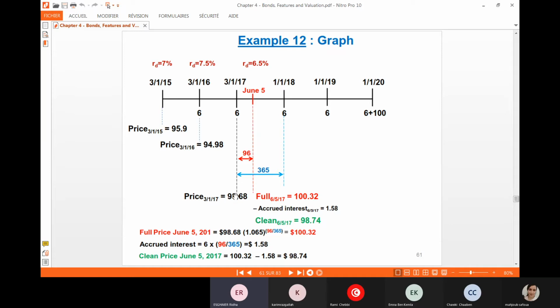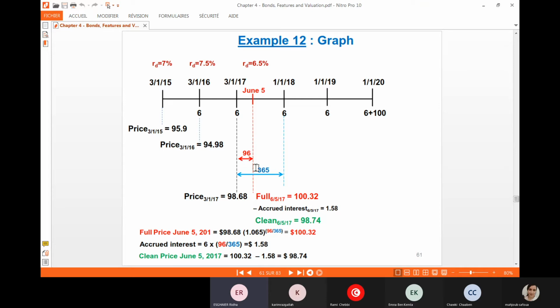So we need to estimate its value on March 1st, 2017 first. Then we compute the number of days between the previous coupon payment date, March 1st, 2017, and June 5th, 2017. The total number of days during the year between the two coupon payment dates, from March 1st, 2017 to March 1st, 2018. Then we capitalize the price computed on March 1st, 2017 using the new RD 6.5% and using the days computed here.